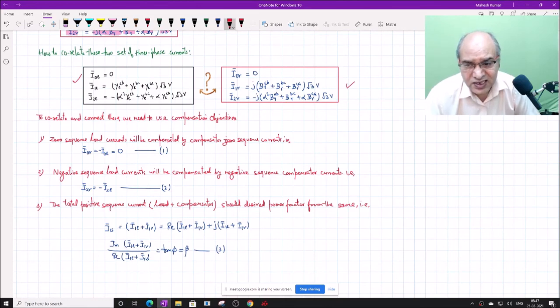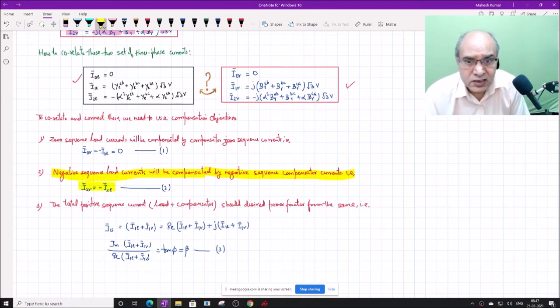The second condition is the negative sequence load current, very important. The negative sequence load current should be compensated by the negative sequence of the compensator current. That is, I2 gamma must be equal to minus I2L, or in other words, the summation of the two currents must be equal to 0, or I2 gamma plus I2L together must be equal to 0.